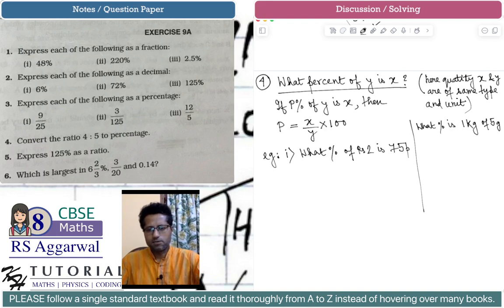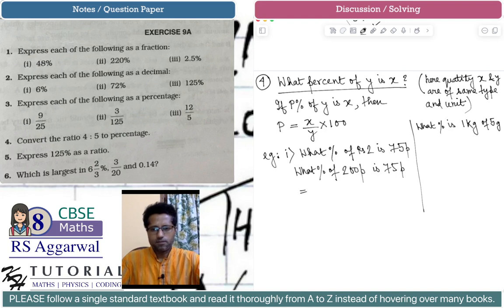So we are asked basically what percentage of rupees 2 when converted to paisa, 200 paisa, is 75 paisa?